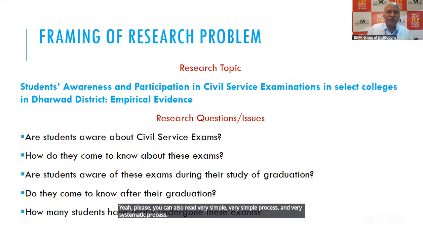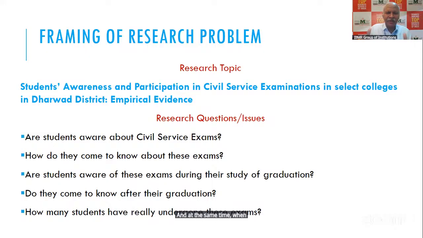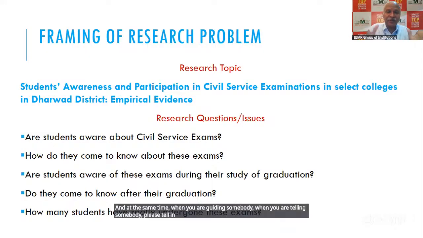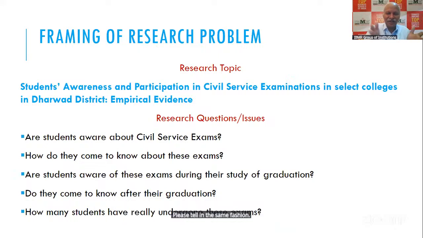Please follow this in your research career, and when you are guiding somebody, please tell them in the same fashion. Then proper research will spread. We cannot suddenly finalize research objectives. There is a process of arriving at research objectives.